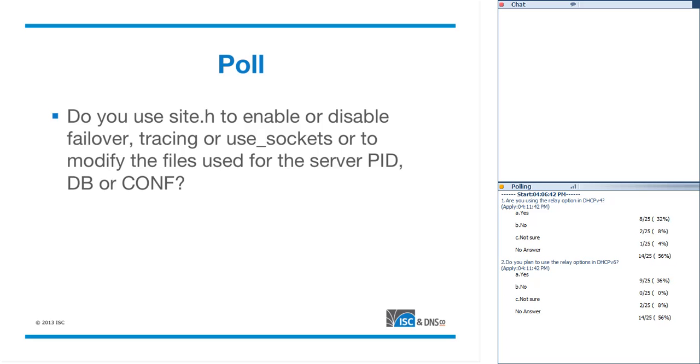So we'd like to make sure that this isn't going to cause undue problems for people. It's our intention to remove them from site.h, but if enough people say that's really a problem, we'll reconsider that. So this is your opportunity to say, we have a real problem, and if you really do have a problem, it would be interesting to know why it would be such a big deal. I think it's much easier to change them via configure, so I think that's probably what most people are doing currently.